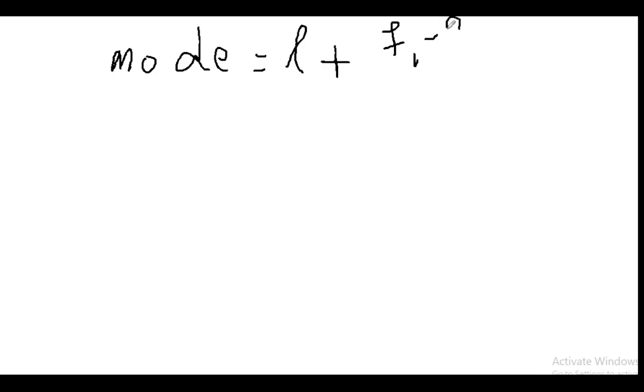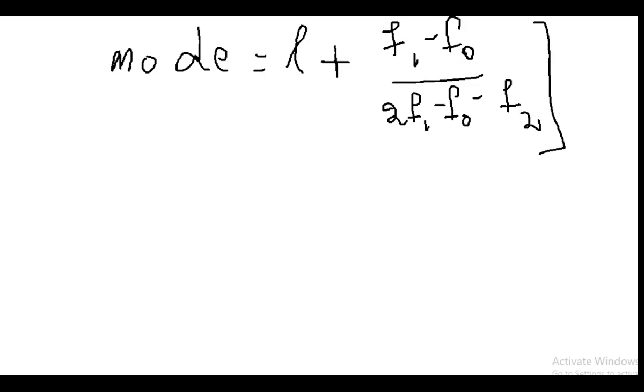So the mode formula is: mode equals L plus F1 minus F0 by 2 F1 minus F0 minus F2, into h. The value of L is 30.